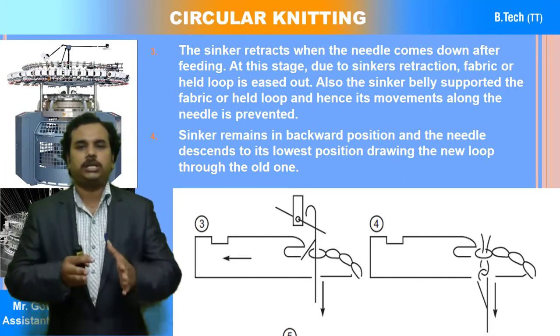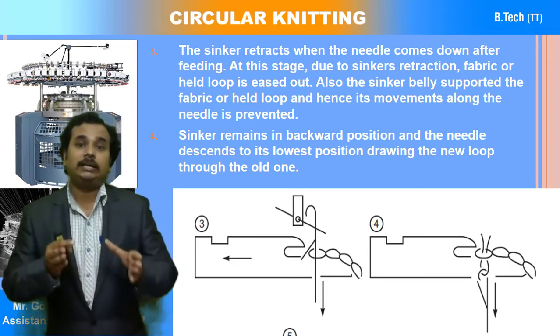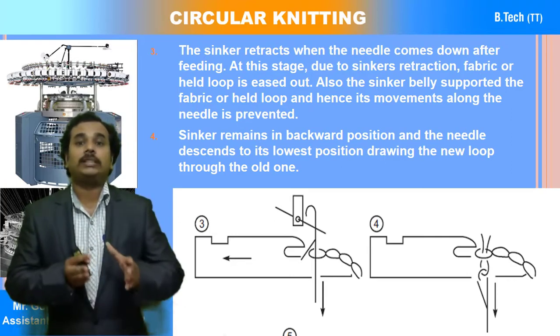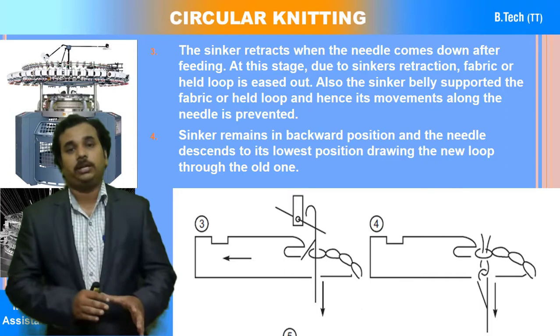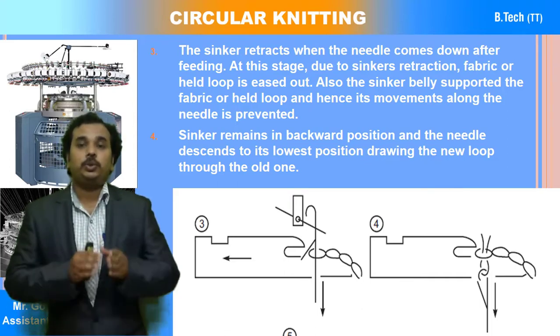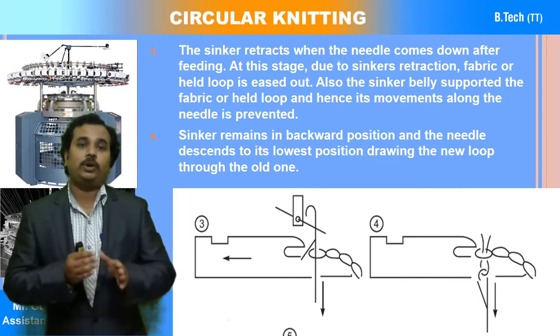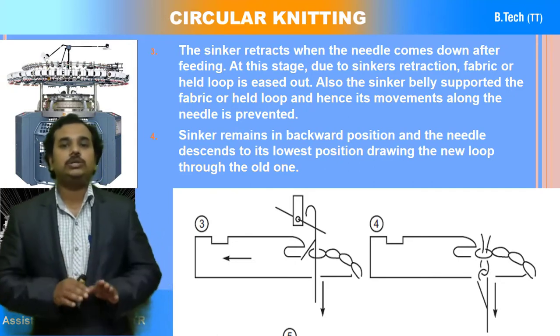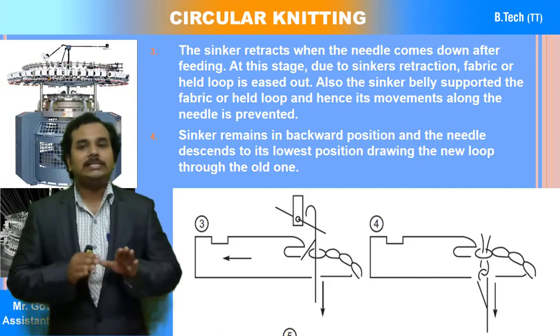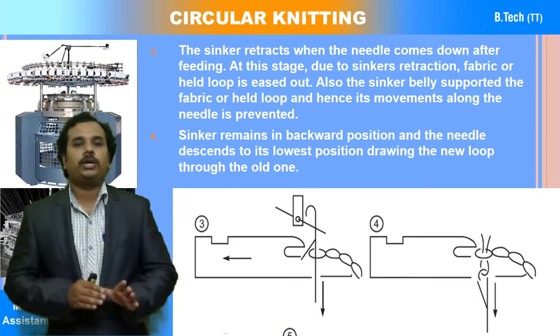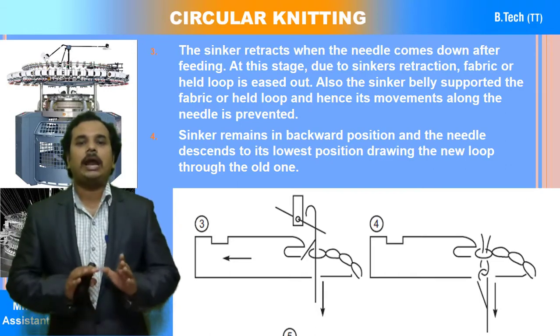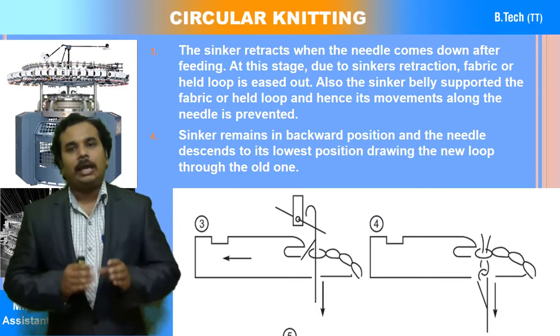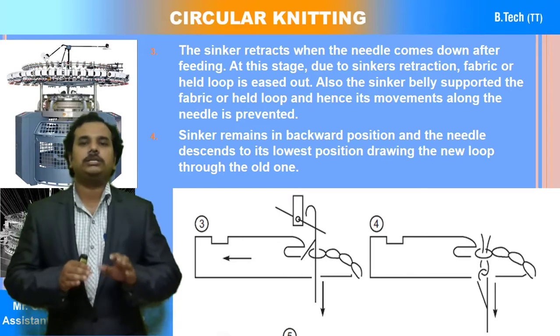That is the third step. You can see that the sinker retracts when the needle comes down after feeding. At this stage, due to sinker retraction, the fabric or held loop is eased out. Also, the sinker belly supports the fabric or held loops, and hence its movement along the needle is prevented.